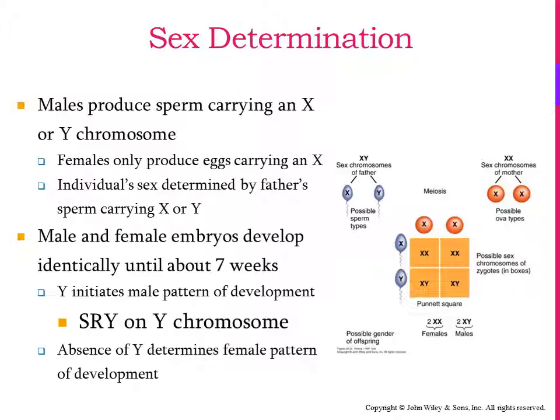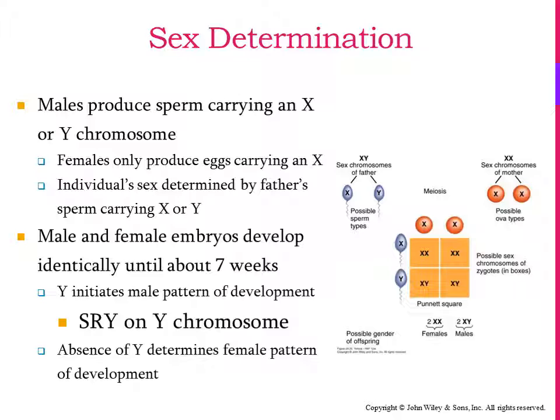So when the gametes unite, the zygote will always inherit an X chromosome from the mother, and then the sex of the zygote, or of the child that will be born, is determined by which type of sperm fertilized that oocyte from the mother. Is it an X sperm, then the offspring will be female. If it's a Y sperm, then it would be male.